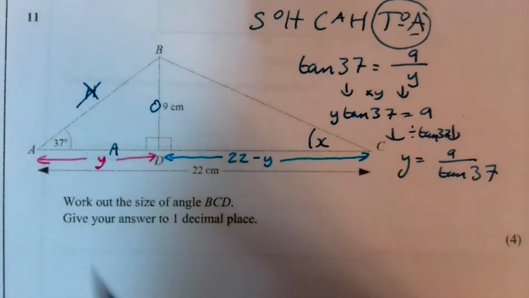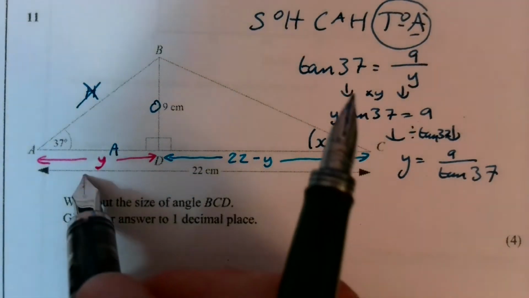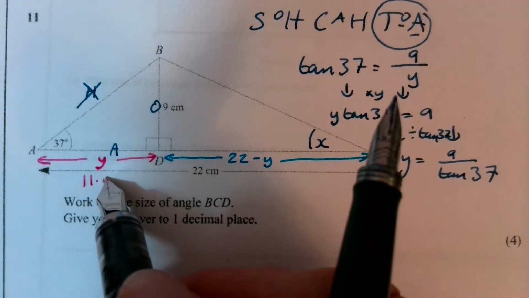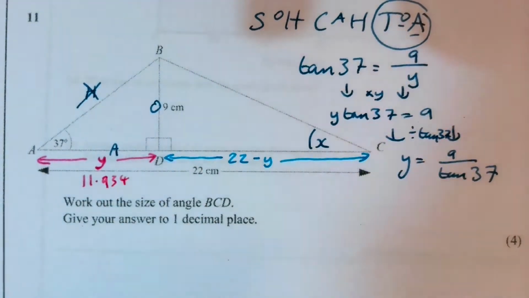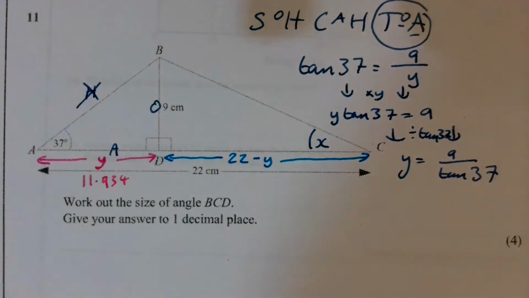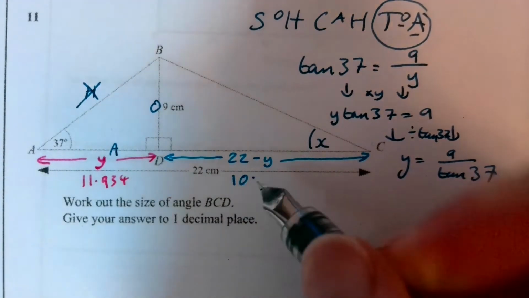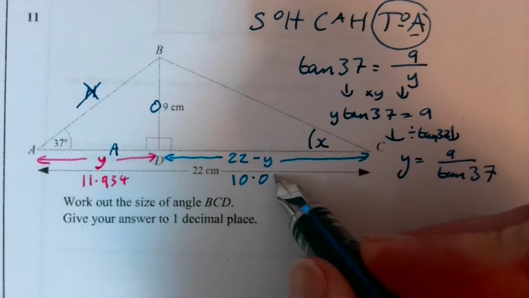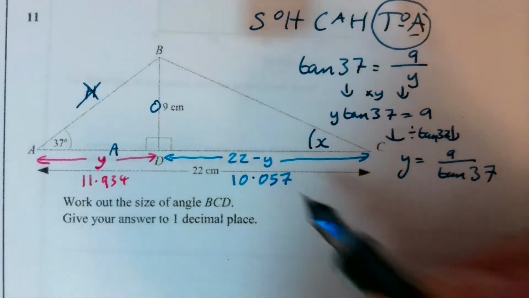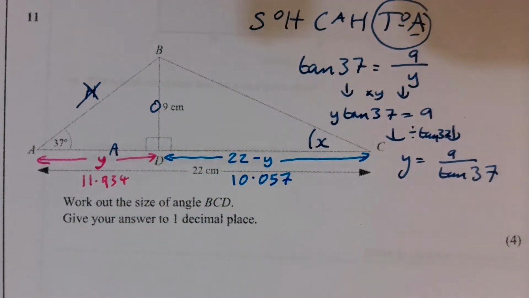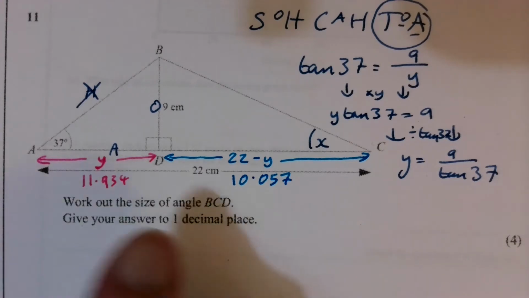So y is 11.934. So that means that if I do 22 take answer, that gives me 10.057. To 3 decimal places would be more than enough to get the right answer in the final part for that length there.